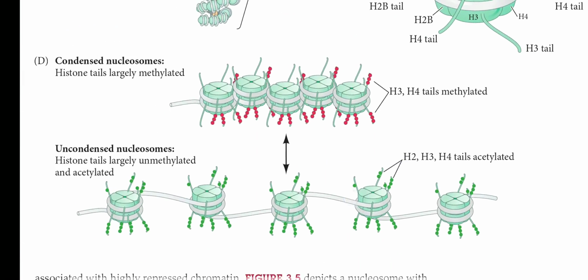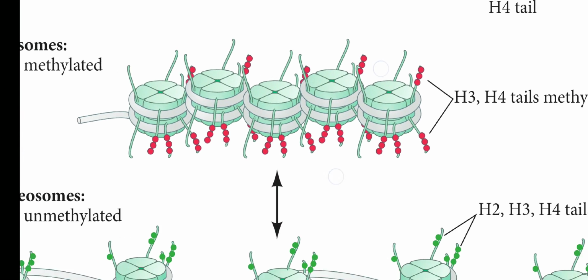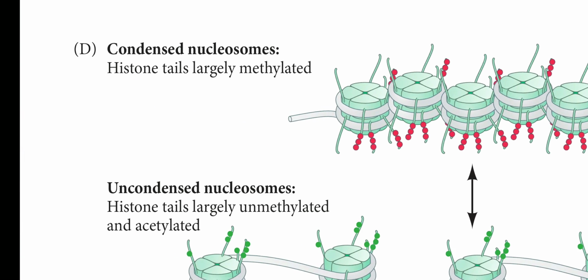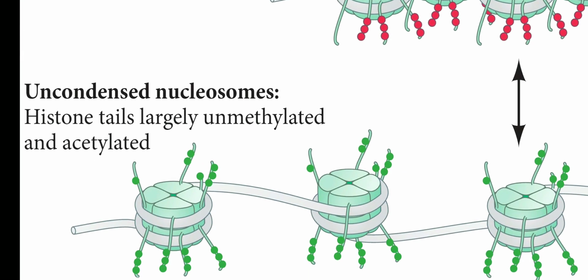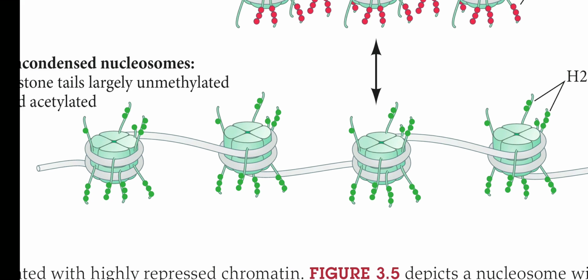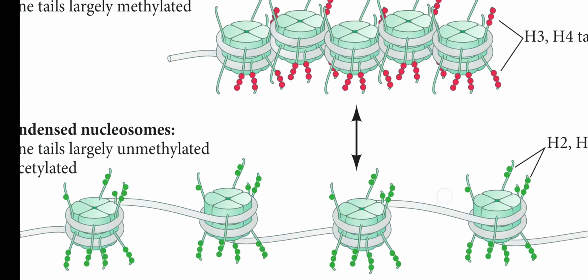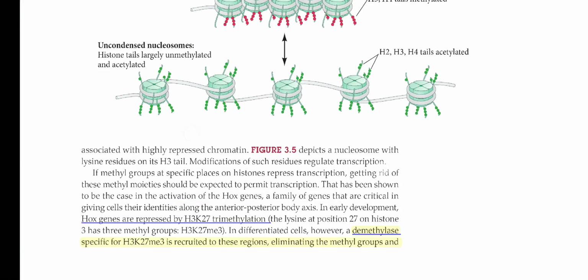Here you can see in the picture that whenever the H3 and H4 tails are methylated, it gets repressed. That means the nucleosome gets condensed and tightly packed, so it is unable to undergo transcription. But whenever it gets unmethylated and acetylated, that means the COCH3 group gets attached to the lysine residues of the histone tail, it is freed rather than tightly packed, so it's easy to transcribe those genes. So this is the difference.